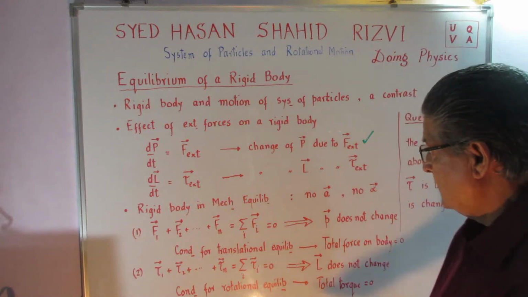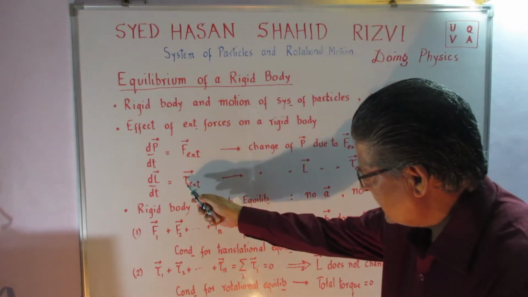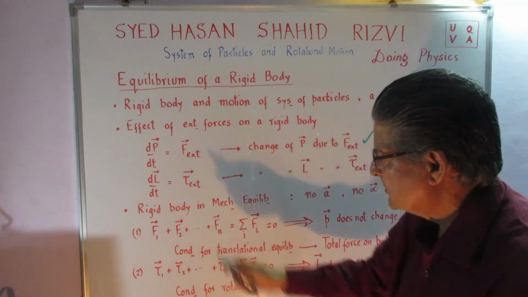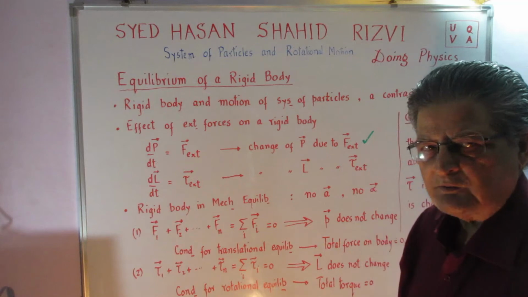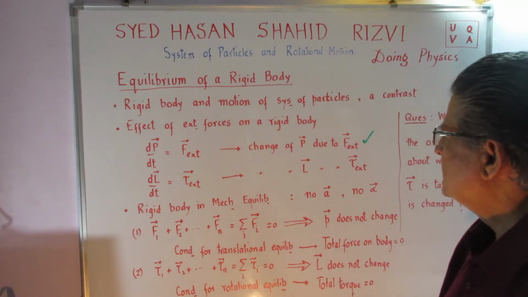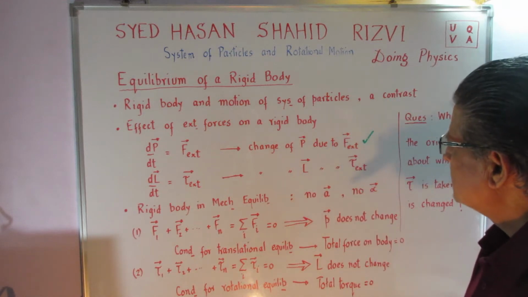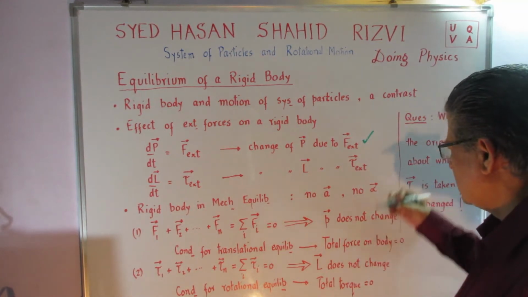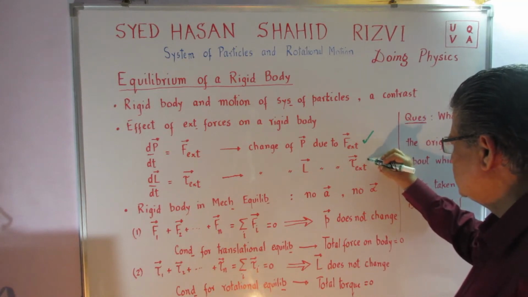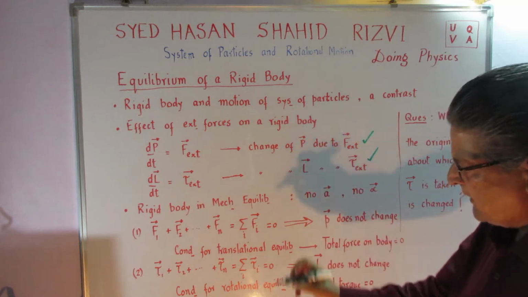That means if there is an external torque, there will be a dL/dt, and L, the angular momentum, will change due to the external torque. This must be borne in mind, it should be clear, and I will explain it further to you.